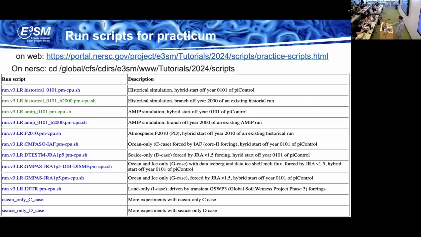Each comes with a description of how the model is started off for what kind of simulation type. At the top is the link. You can also open this link to show it as an image. You're not able to download the script here, but later we will show how you can copy all the run scripts to your directory for further experiments.